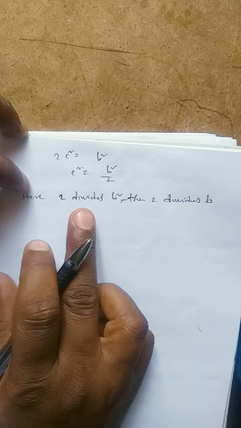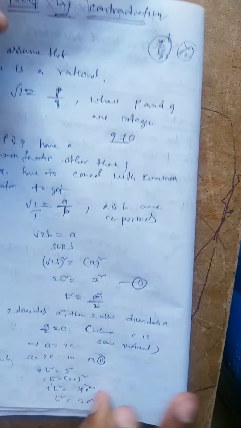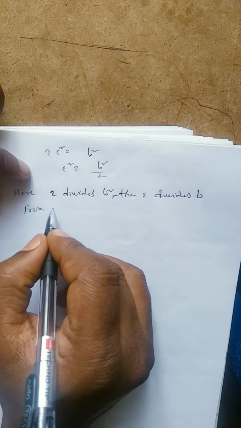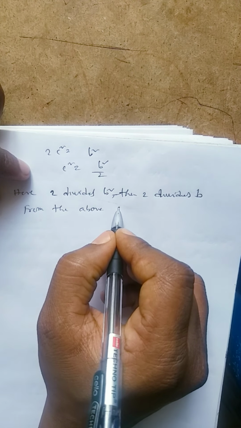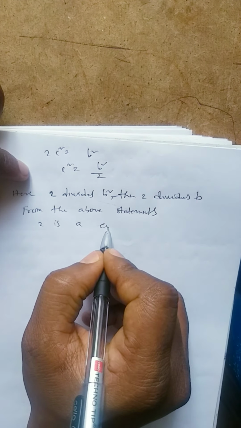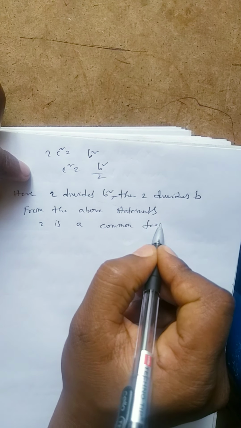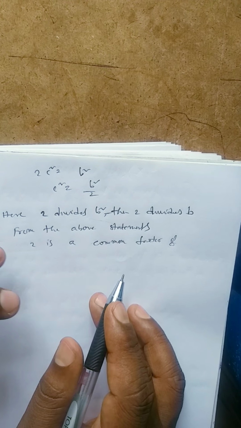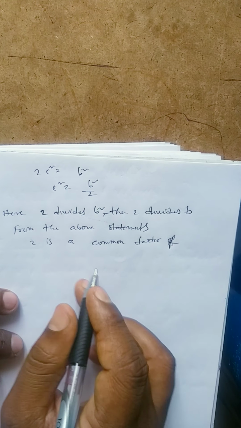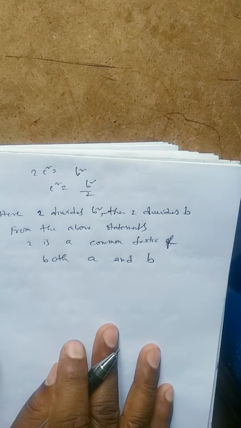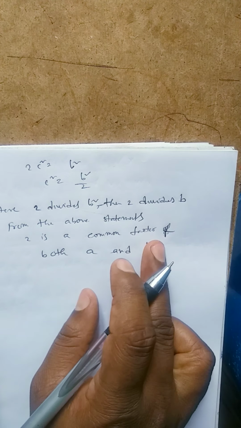So from the above statements, here we get 2 divides b, and just now we have got 2 divides a. So from the above statements, 2 is a common factor of both a and b.